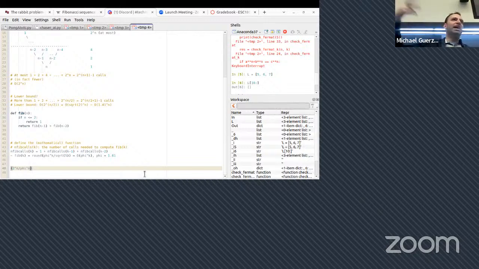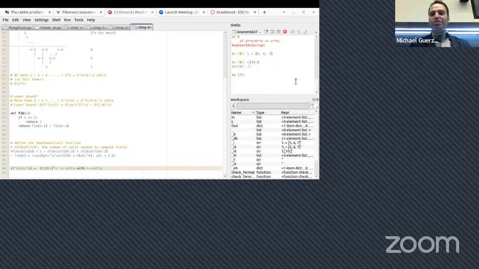And this ratio, as n gets larger, blows up, right? So 2 divided by phi to the power of n, which is what it would be. And that goes to infinity. Right, so the ratio between 2 to the n and phi to the n is going to be huge for a large n.